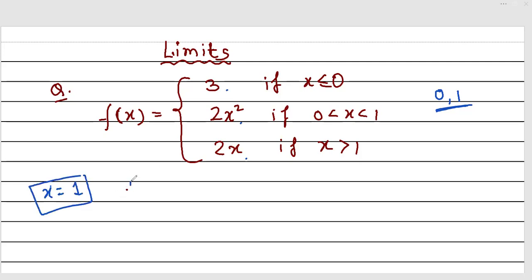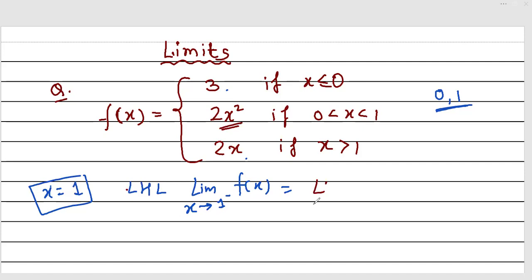So we will find out left hand limit. Left hand limit is given by limit x approaches 1 from left hand side. So if x approaches 1 from left hand side, that means from this piecewise function, we have to use 2x square.